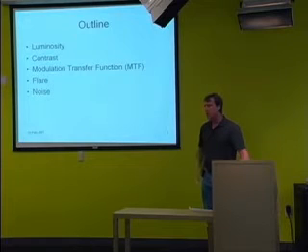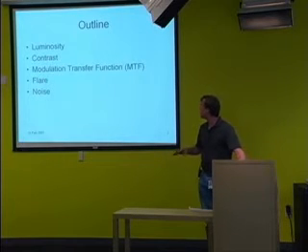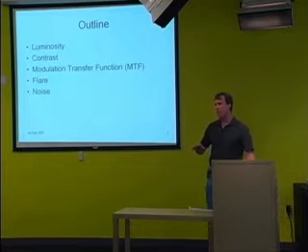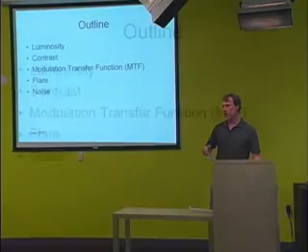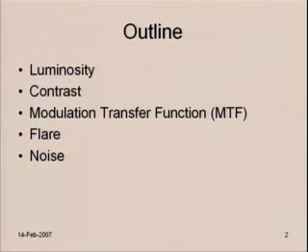So today I'm going to be talking about contrast and what happens to your image on the way from the surfaces that you're photographing to the sensor that actually generates the image. To do that, I'm going to have to talk a little bit about luminosity. I'm going to cheat a little bit there, you'll see in a second.